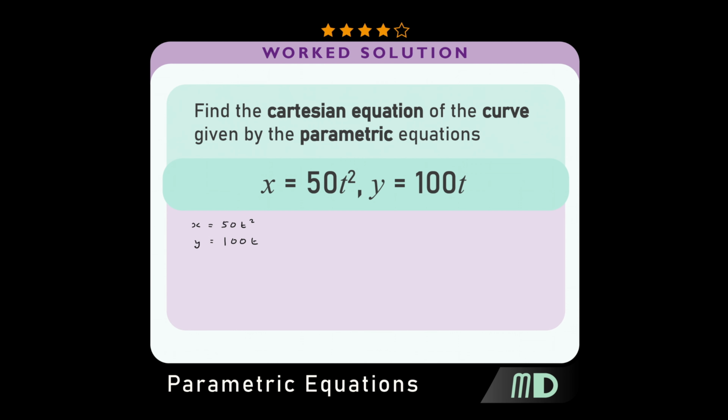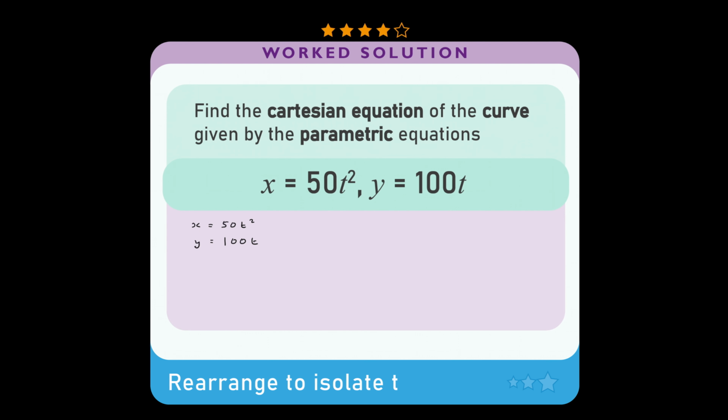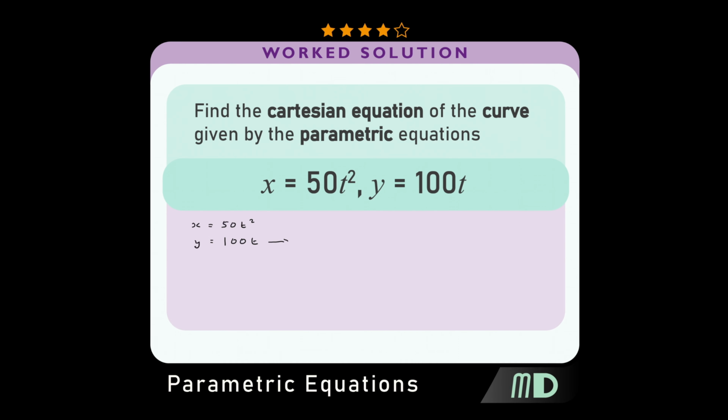Rearranging y equal to 100t and making t the subject by dividing both sides by 100, we get y divided by 100 equal to t.